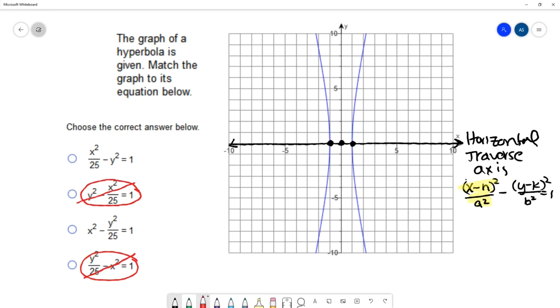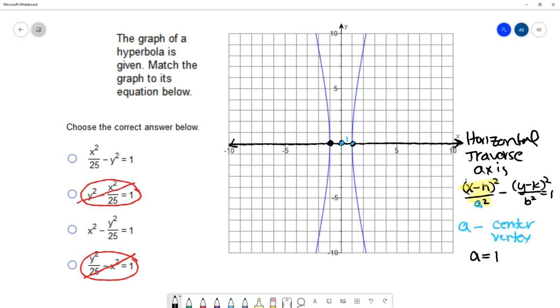So the value of a in our equation, visually on this graph, is the distance between the center and the vertex. So we have the center and the vertex, and they're 1 unit away. So I know that the value of a is going to equal 1.